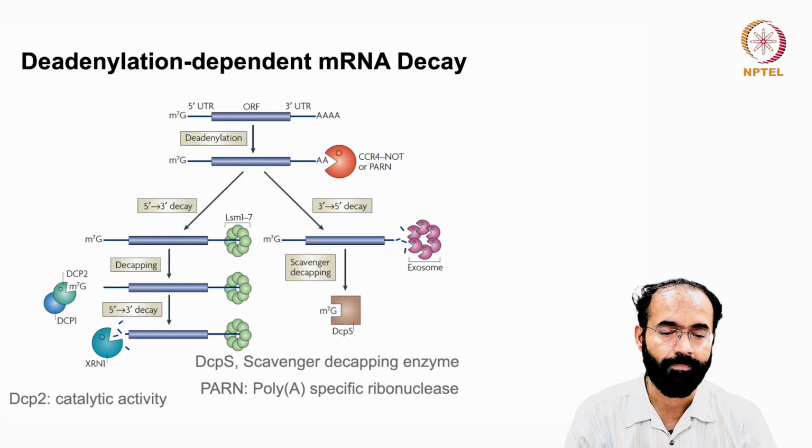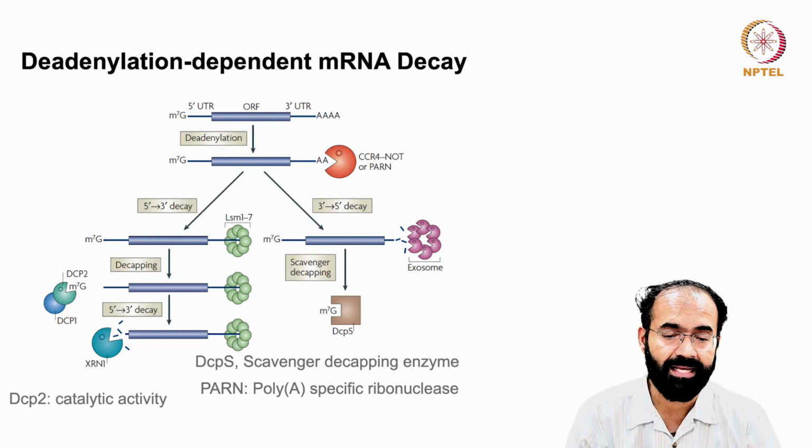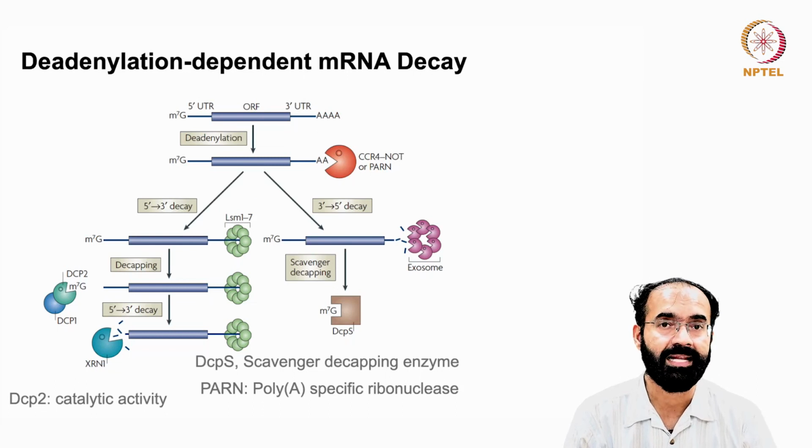How does it happen? Once this poly-A tail is shortened, then this can be bound by LSM1 to 7. It is a ring protein: LSM1, LSM2, LSM3, like that. LSM1 to 7 proteins form a ring around the UTR, untranslated region, and this can trigger the decapping.